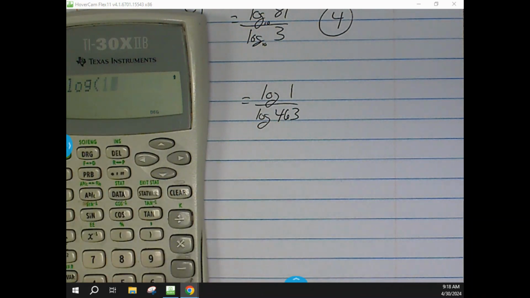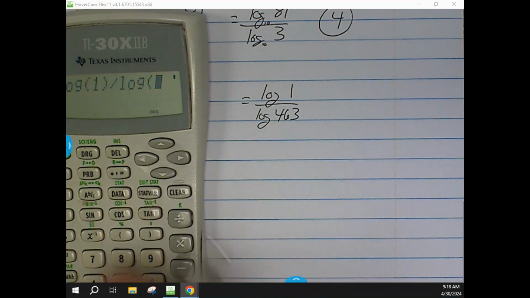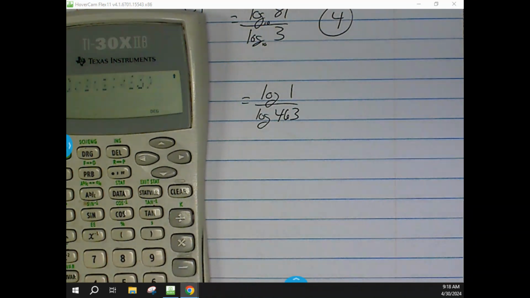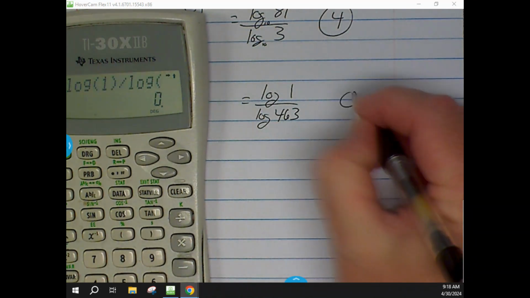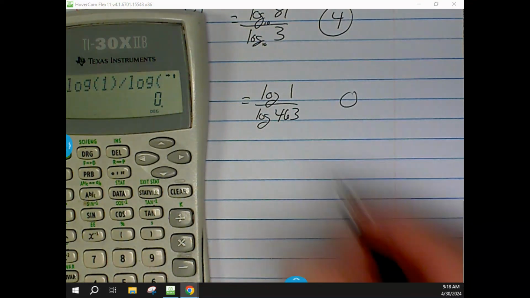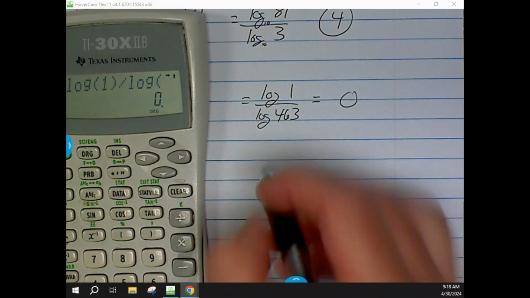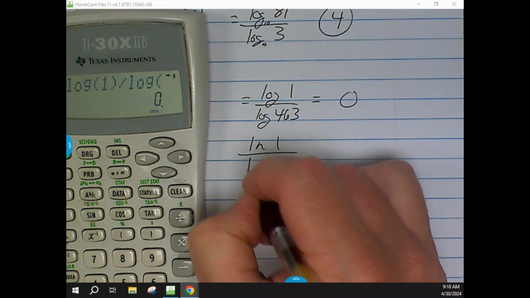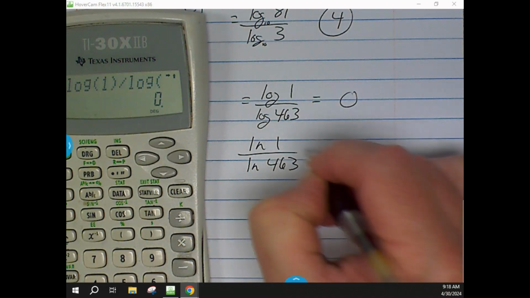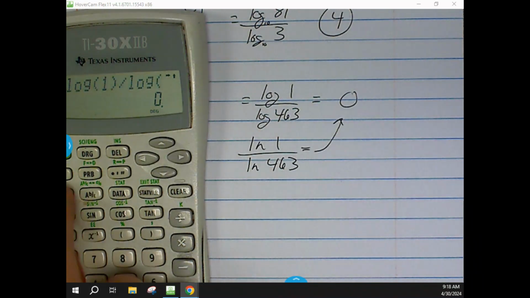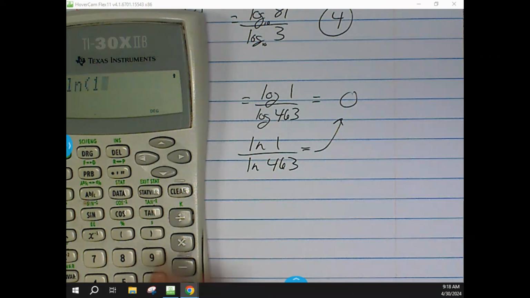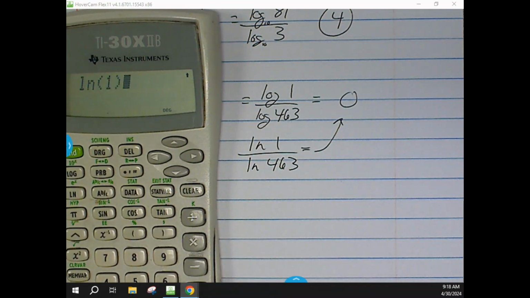If we do the log of 1 divided by the log of 463, we get a nice plain old 0. And whether you use log, you can also do ln of 1 divided by the ln of 463. You will get the exact same answer. So if you do ln of 1, and again make sure you close it off, divided by the ln of 463, you still get 0. So whether you use the log button or the ln button, it doesn't really matter. You get the same answer either way.